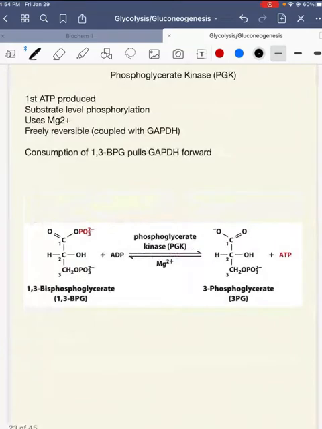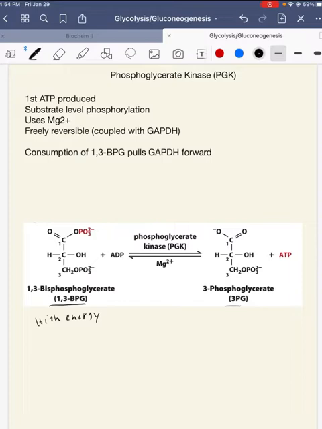So we made this 1,3-bisphosphoglycerate. So this is our high energy molecule. And now we're finally able to make our first ATP. So we used 2 ATPs in the priming stage. Now we can make our first ATP. This is done by the enzyme phosphoglycerate kinase. It takes 1,3-BPG and converts it into 3-PG.